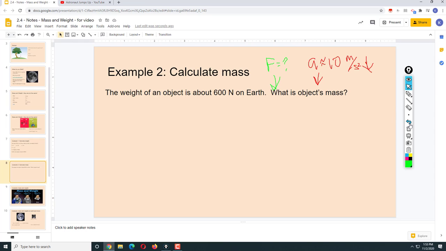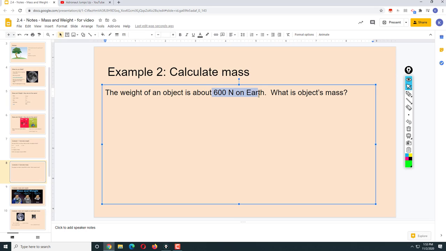Example 2. The weight of an object is about 600 newtons on Earth. What is the object's mass? So we are looking for mass. We don't know mass. We know that the weight, which is the force, is 600 newtons.